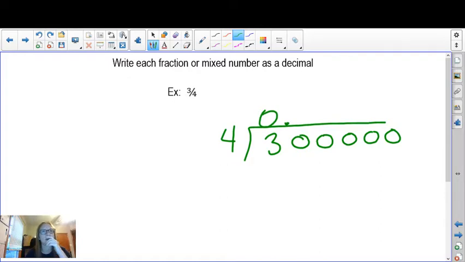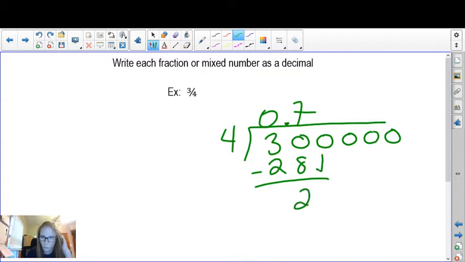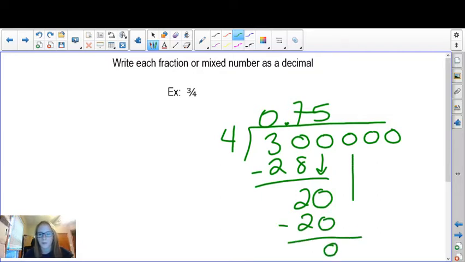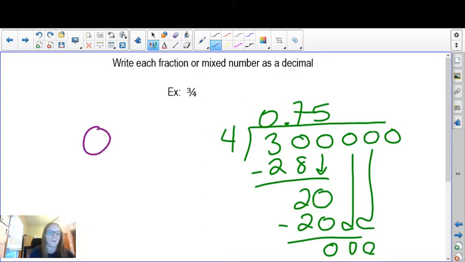Well, 4 times 8 is 32. That's too much. So 4 times 7 is 28. So 7 times. 30 minus 28 gives me 2. Bring down the 0 and I get 20. 4 goes into 20 5 times. 4 times 5 is 20, which gives me 0, which means I get more zeros, so my answer is 0.75.